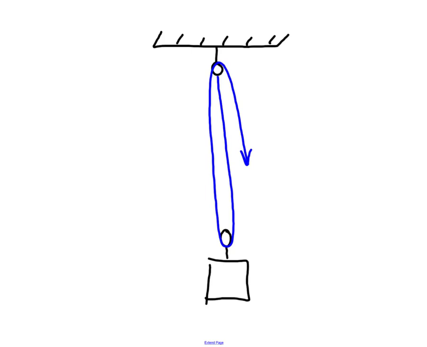So how many strands are directly holding up this box now? 2, 1, 3? What do we think? Like directly holding it up? 2. There's a lot of people saying 2. Right? So with a 100-pound box, each string is holding up 50 pounds. So again, this thing still has a mechanical advantage of 2.